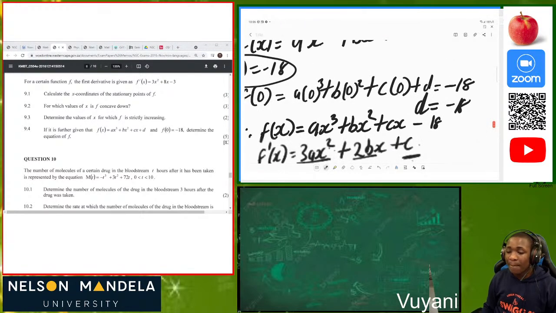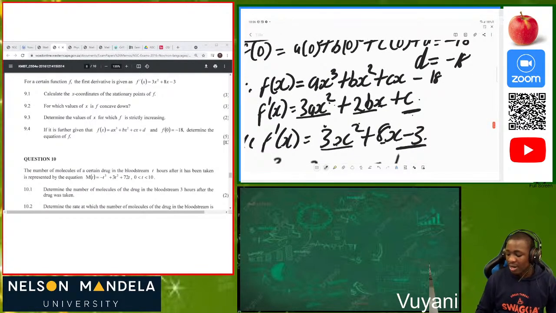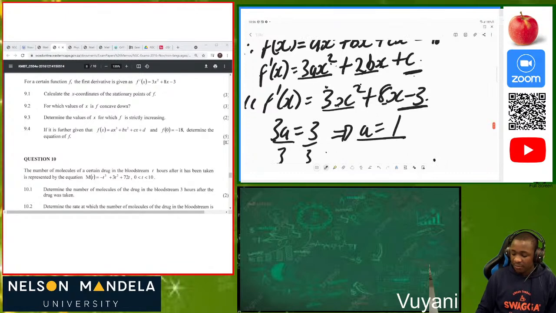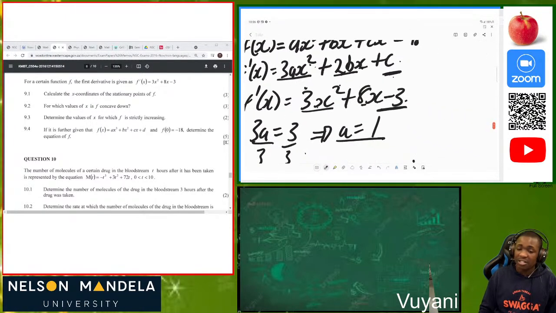Then we determined the first derivative of our function f of x, since we were told that the derivative is 3x squared plus 8x minus 3. Now we determined this, and we had 3ax squared plus 2bx plus c. Since these are our two derivatives, we just equated them.